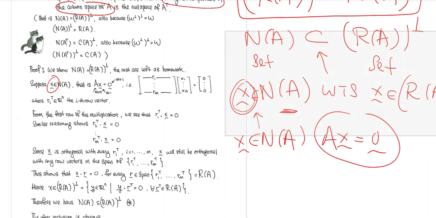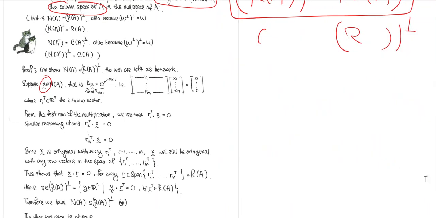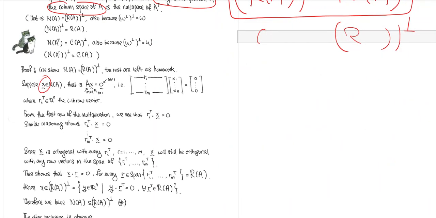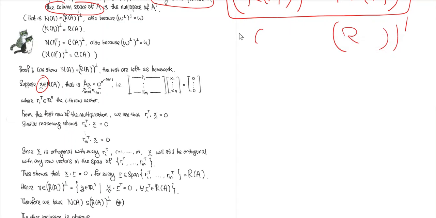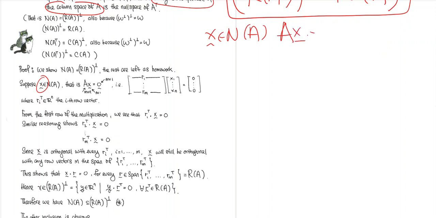Okay, so x is in the null space of A, which means that A of x will be equal to 0.